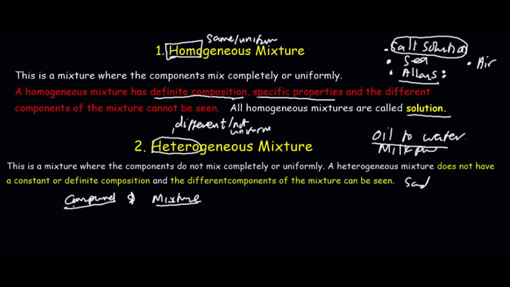Another difference is that a compound can be separated by chemical means only, whilst the components of a mixture can be separated by physical means. Then for compounds, the components are in a fixed ratio, but for mixtures, the components are not in a fixed ratio.